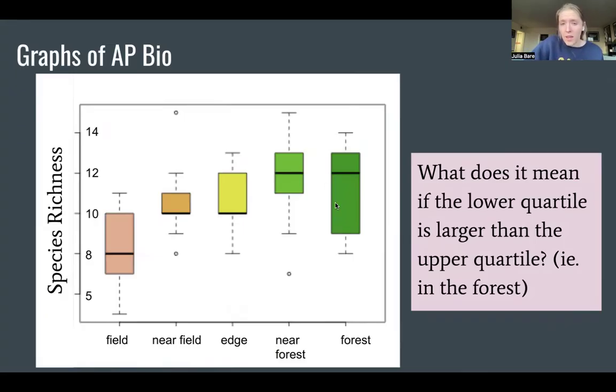If you said that this means there is more of a range in the data in the lower quartile than the upper quartile, meaning that 25% of your data falls between 9 species and 12 species, whereas 25% of the data here falls within 12 to 13 species, then you would be correct. The lower quartile being larger than the upper quartile just means that there is a wider variation of data within this 25% of the data set.